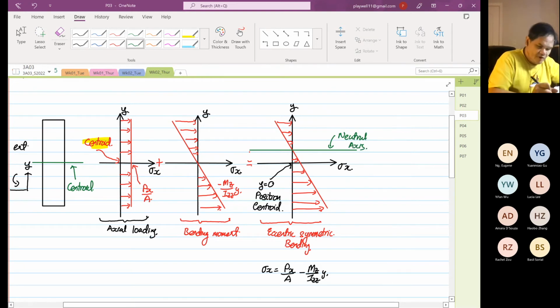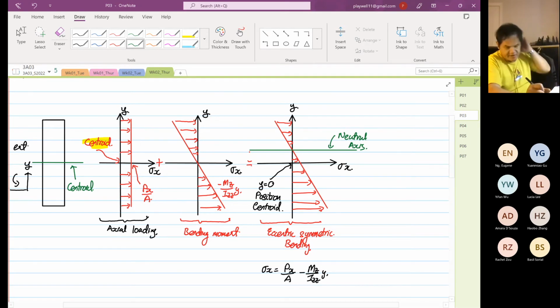Okay. So for eccentric bending, right? And I did explain this before.